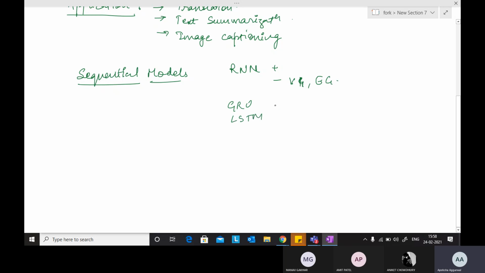Vanishing and exploding gradients were solved somewhat, but what was the disadvantage of these two? They are unable to process very long sequences. For very long sequences, gradients were lost, and these are not able to solve the vanishing and exploding gradient problems.